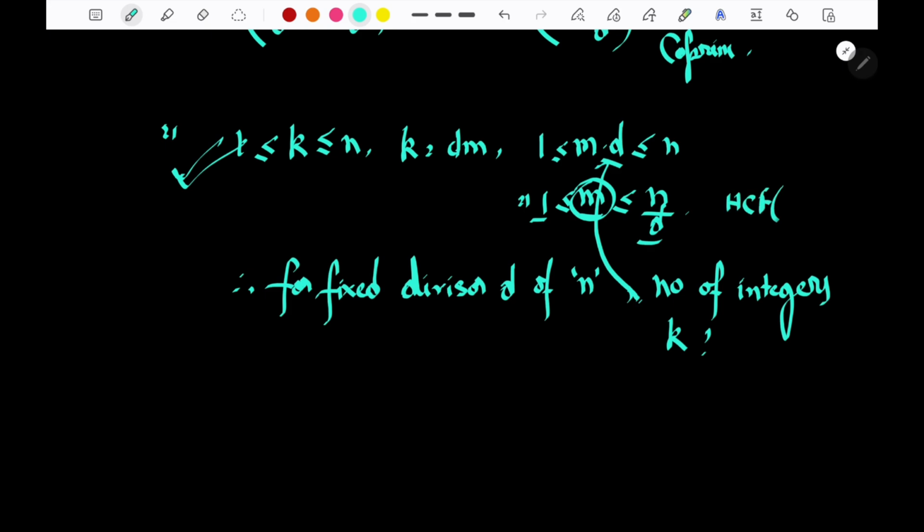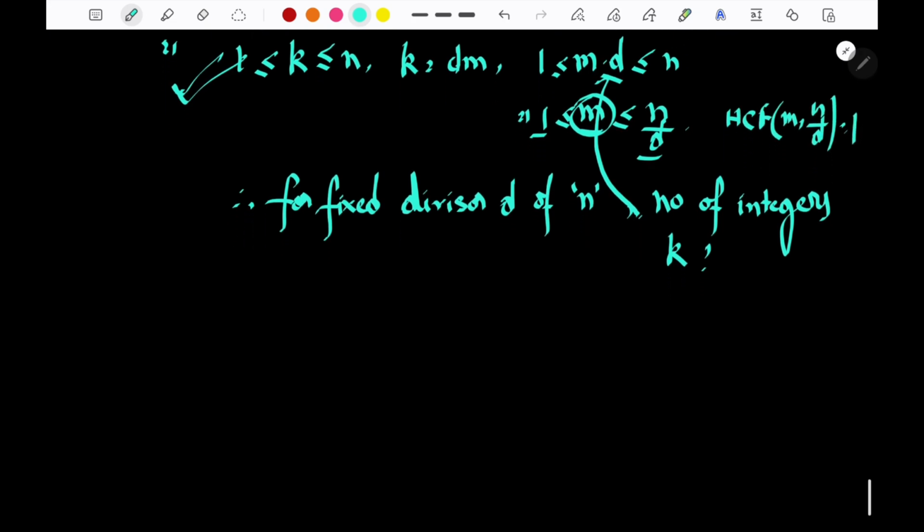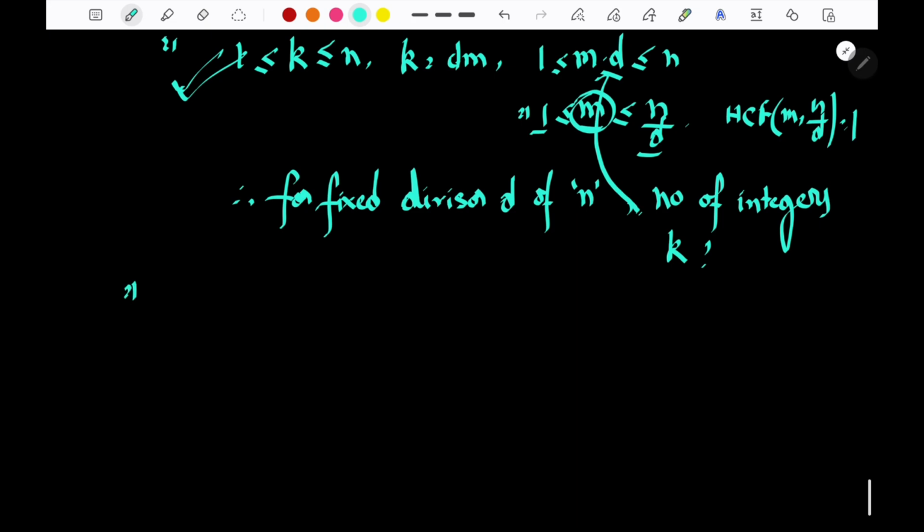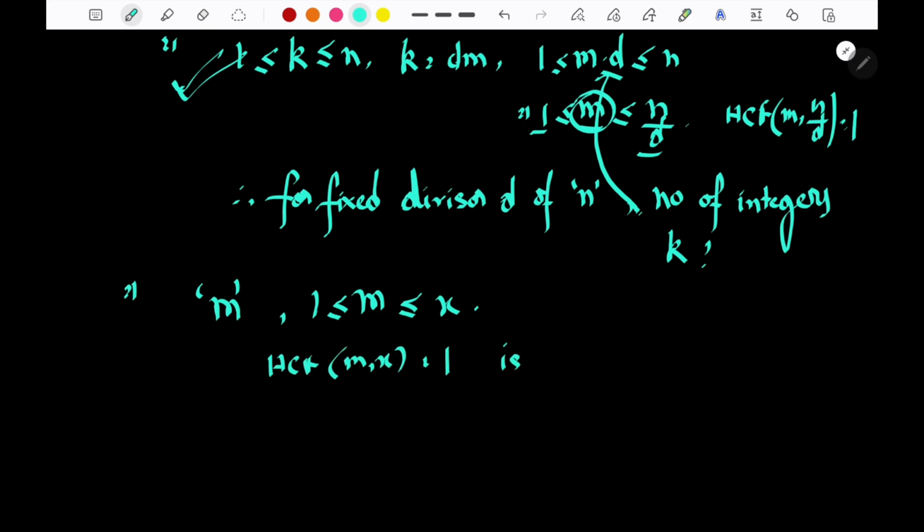Now we know Euler's quotient function. What are we finding? The number of integers m where m lies from 1 to x such that HCF of m comma x is equal to 1 is phi of x. That is the definition of Euler's quotient function that I stated.